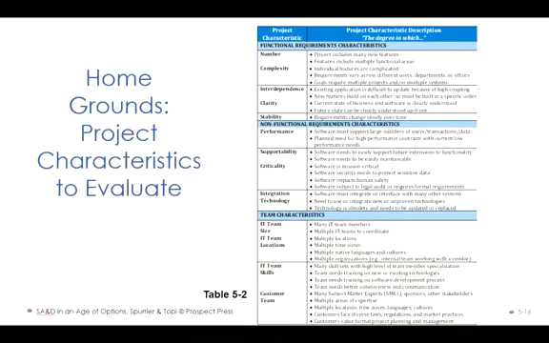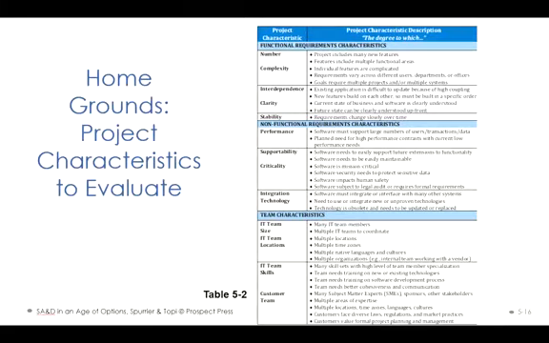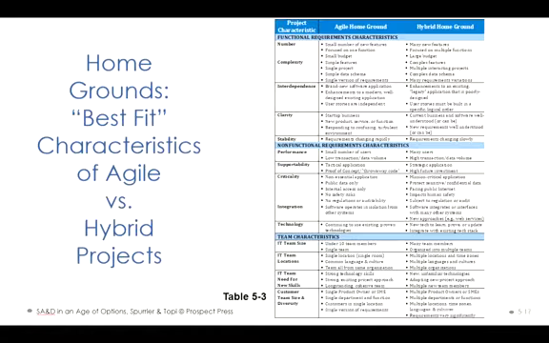Using a tabulated method here, we create three categories using rows and columns to compare the features, and this will give you a more or less overall understanding of the system characteristics and let you make a proper judgment accordingly. So now you can see a very long comparison between the agile method and the hybrid method. What are the features of each category?